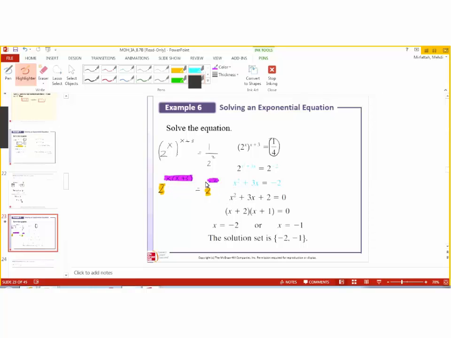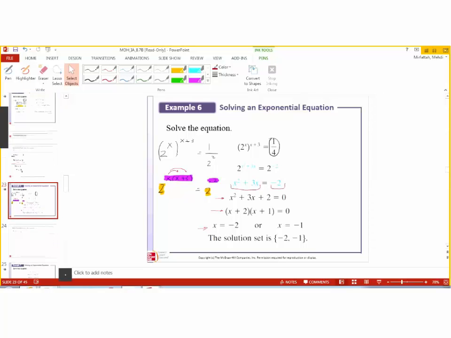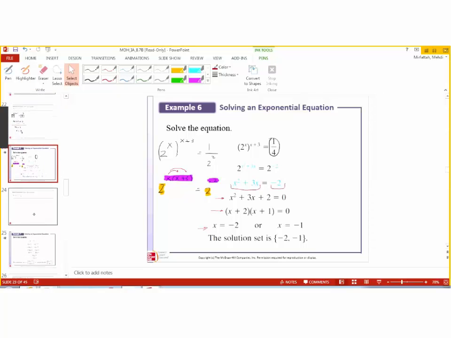If I distribute this, this would be x squared plus 3x, which must be equal to -2. Then we write this in standard form, we factor it, and we find the solution set. And don't forget to check the answers to make sure they're correct.